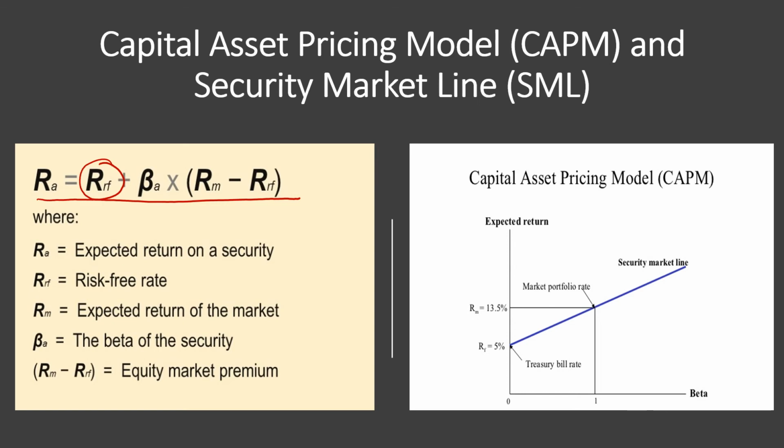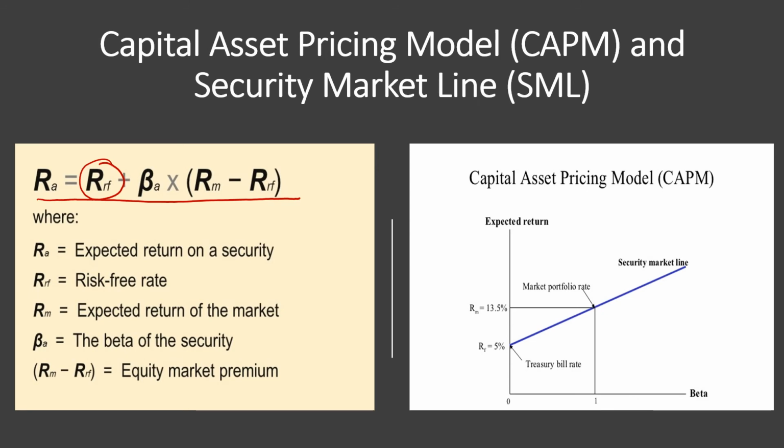So basically, the CAPM implies that the expected return for an investor in any security investment, such as stocks, bonds, or others, should beat the return from the risk-free investment to compensate for the higher risk inherent in those securities.